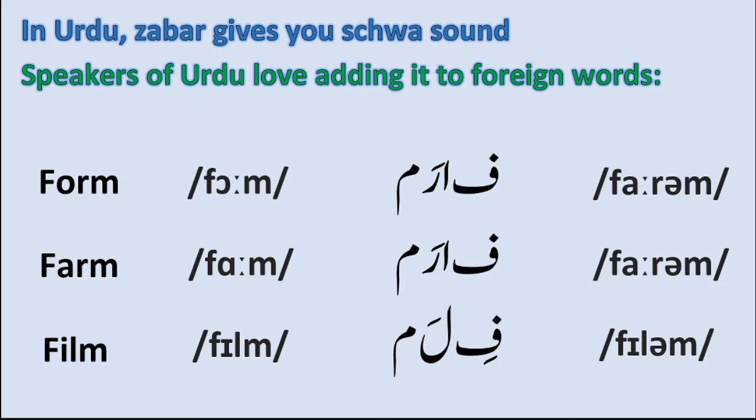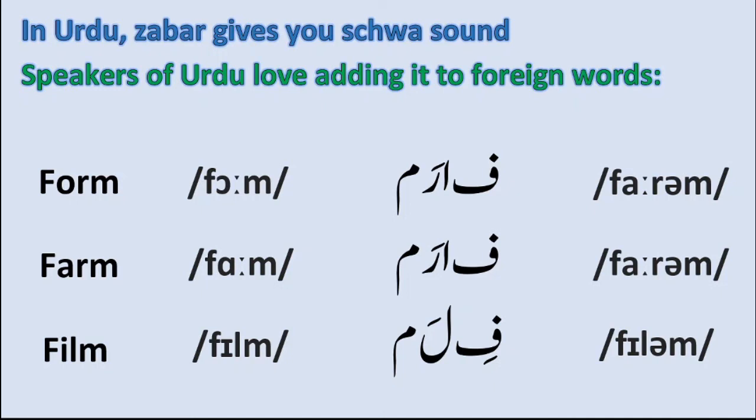Now, guess what? We do it with all other foreign languages, not just English. For example, the Persian word garm, when it comes in Urdu, becomes garam. The Arabic word shahr, when it comes in Urdu, becomes shahar. Waqt becomes waqat.